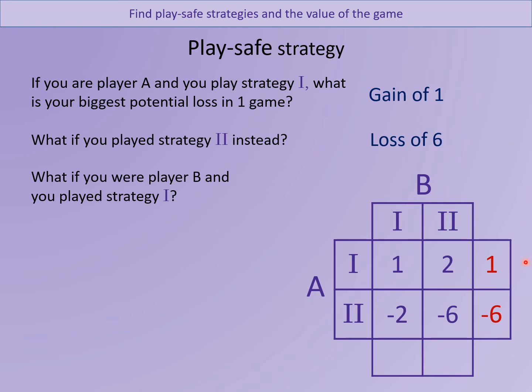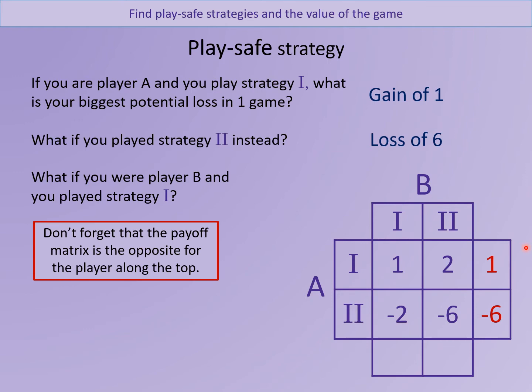Now let's consider for player B. Remember that the values in the table represent losses for player B. So if player B were to choose strategy 1, then depending on what A chose, they would either lose 1 or the -2 actually represents that they would win 2. So the worst case scenario for B, if they choose option 1, is that they would lose 1.